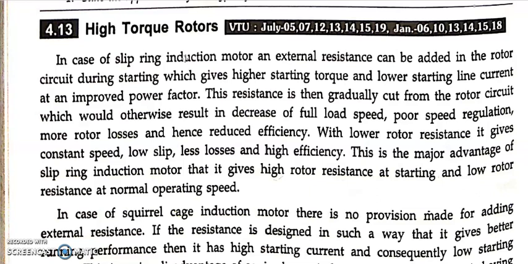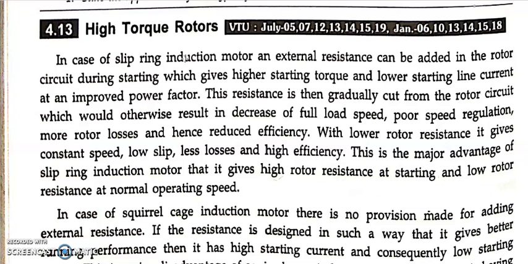In slip ring, what happens when you add resistance to the rotor part? It gives you high starting torque as well as low starting current. Yes or no? These are the signs of a good motor. We have discussed this in earlier classes. If I add resistance to the rotor, it gives high resistance to the current flowing, so current flows very less.